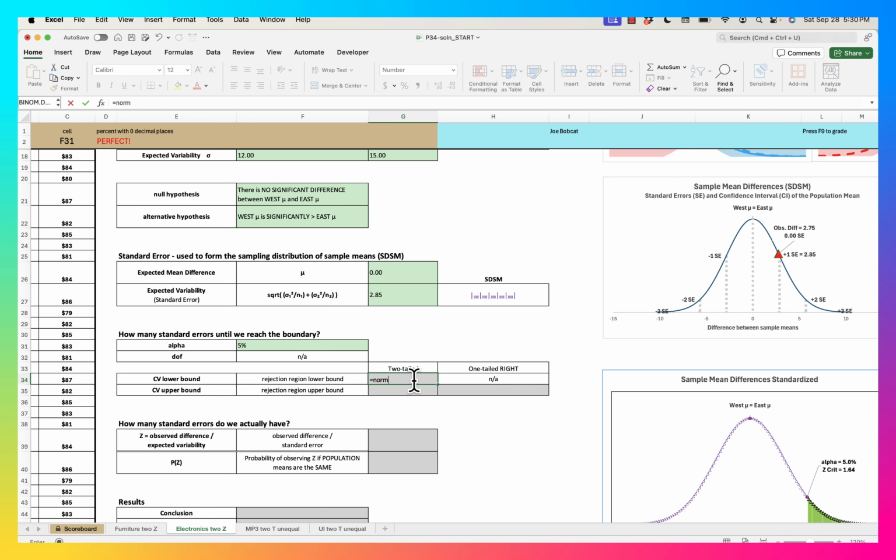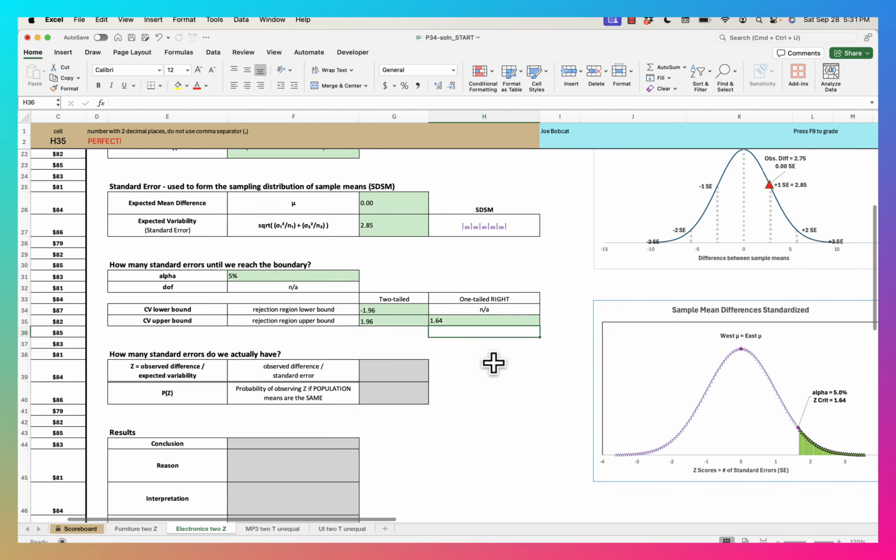So it equals NORM.S.INV of the probability divided by 2 because two tail, and then it equals NORM.S.INV of 1 minus the probability divided by 2. And then this one's going to be really close to that because it's the right again. 1 minus, but this time 1 minus the whole probability, not divided, because it's all going to be in the right tail.